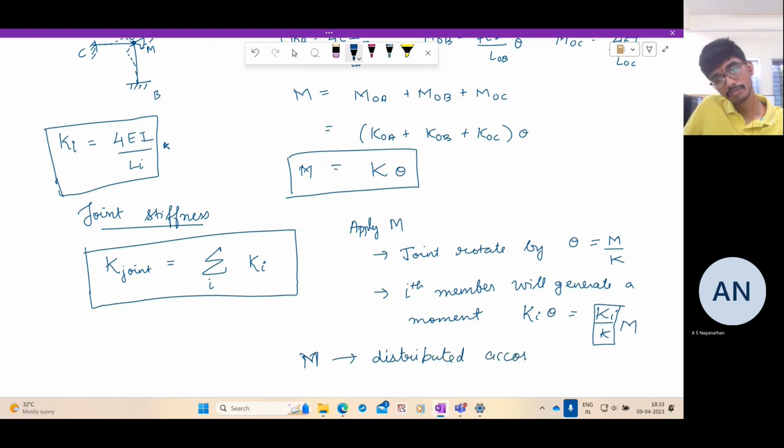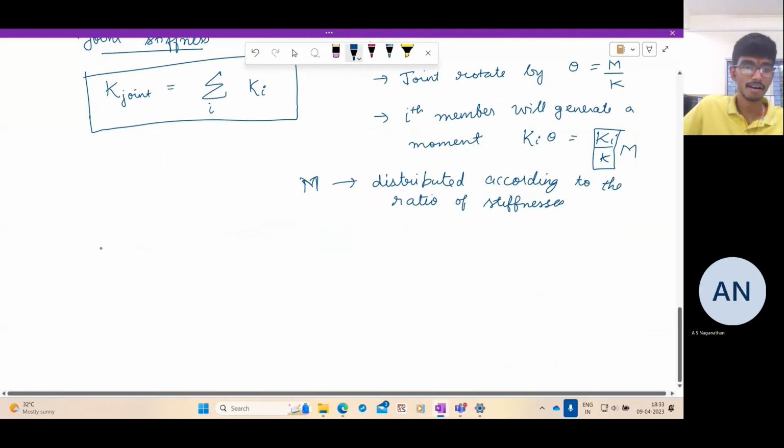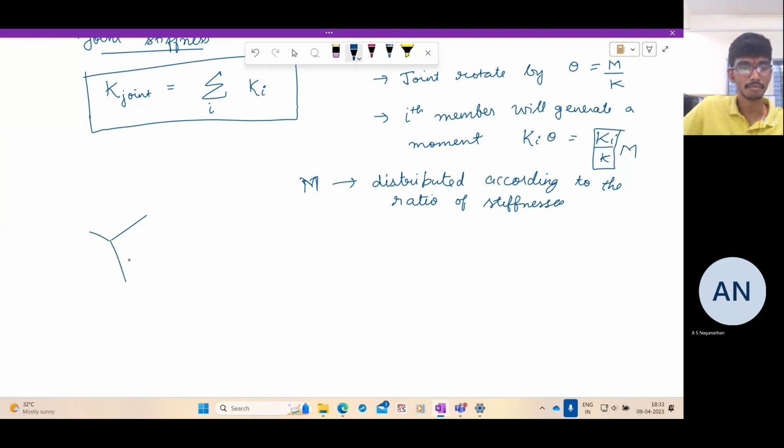So the moment M is distributed according to the ratio of stiffnesses. If I have 3 beams with stiffnesses in the ratio 1:1:2, and you apply a moment M, the first will generate M by 4, the second M by 4, and the third M by 2.